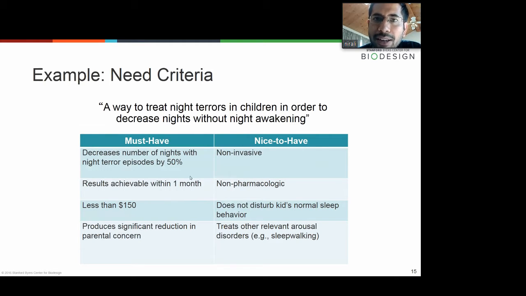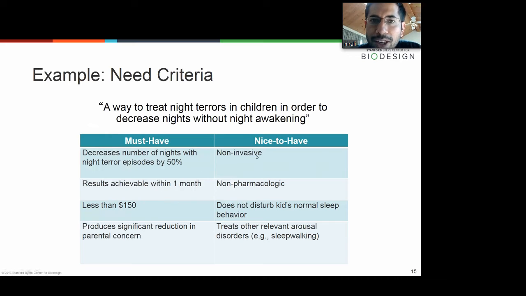Maybe it's not that it has to be a certain percentage. Maybe it just has to be better than something else. And so you can do a head-to-head study to say, this has to be an improvement over something else. You don't have to define the number, but we have to define the criteria in a way that we can actually measure it. So that's really the most important step.